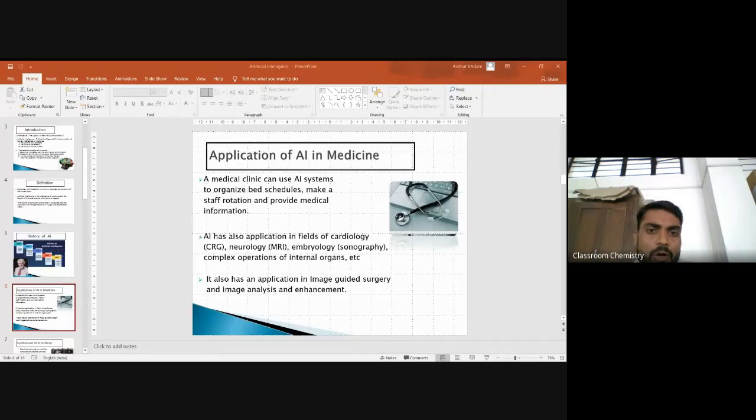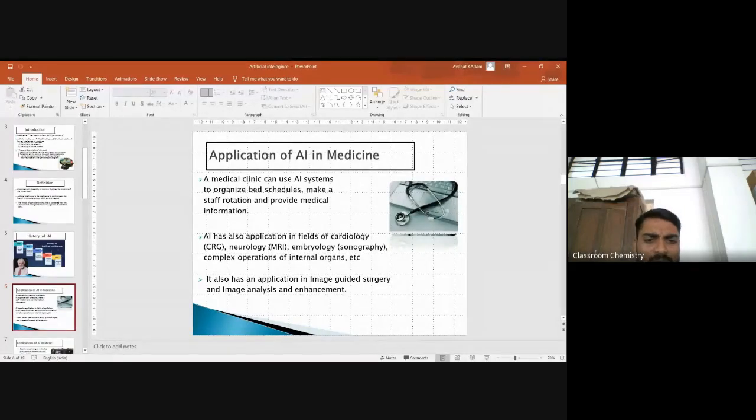If you give only a simple order, give me 2 tablets of paracetamol, they simply type the name paracetamol in the search box, and the PCs or laptops tell him go to the 10th rack, 11th rack, 12th rack, 15th rack, whatever it may be, the rack in which they place the tablets. And we get a paracetamol tablet in only 2 or 5 minutes if there is no crowd. This is the use of artificial intelligence, that is the use of laptops, PCs, or any machines in the medical field.